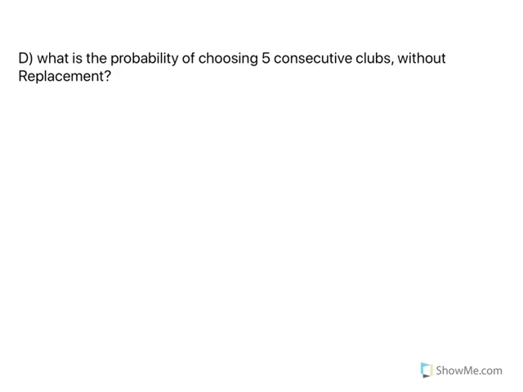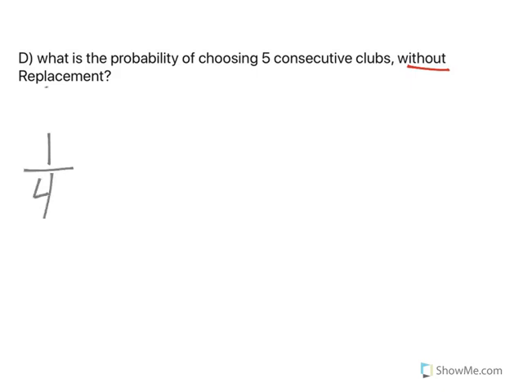Last one, what's the probability of choosing 5 consecutive clubs without replacement? So let's say you're playing poker and you want a flush, right? Now, we are not taking into effect anybody else. We're just talking about your cards, 5 consecutive clubs. So think about this first. The first card that you deal, right, the probability of you receiving a club is 1 out of 4.